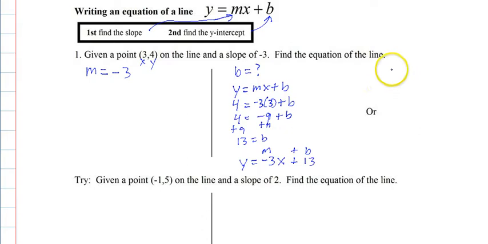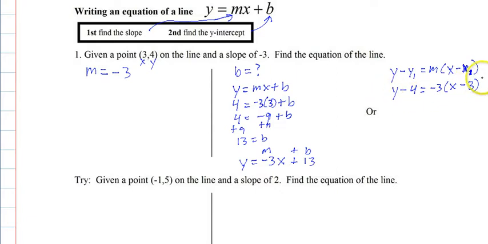The other option is to use this little formula. It's called point slope form. And we're going to plug it in. So we take our y coordinate, which is 4. We take our known slope, which is -3, and our x, which is 3, and plug it in.